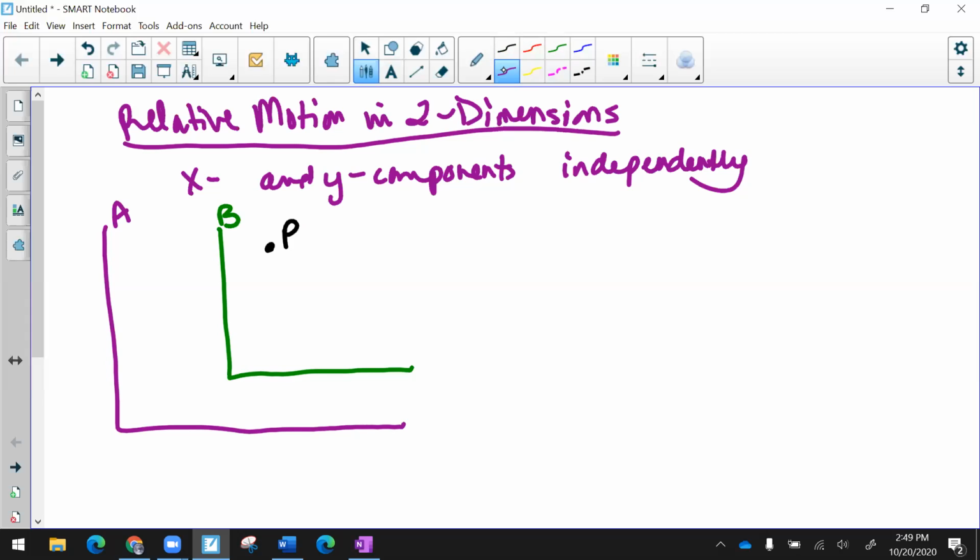We can do the same thing here. So I can go from the origin in A to my point P, and I can call that R, the position of P with respect to A.